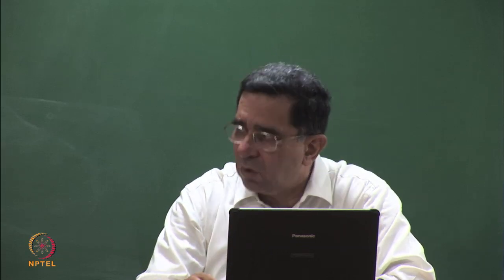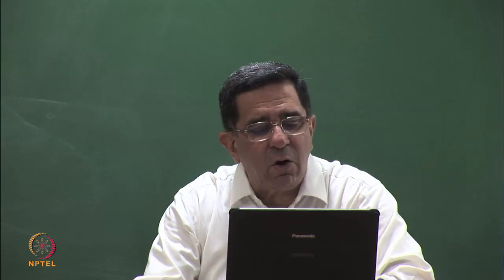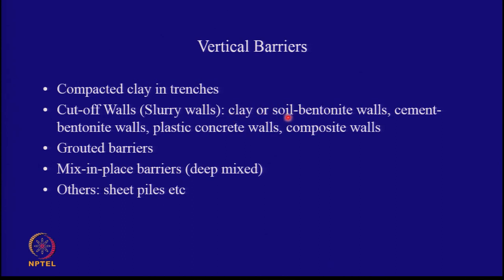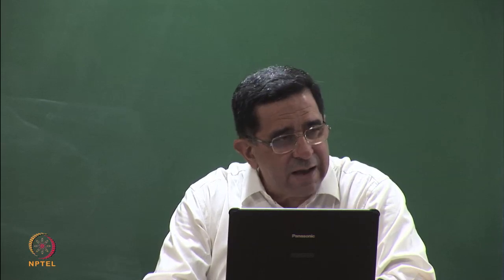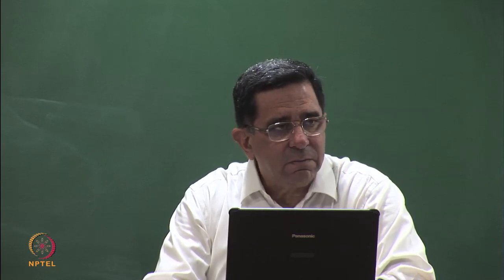Okay? So you are going to have cut-off walls made of clay or soil bentonite or soil cement bentonite or cement bentonite or plastic concrete or composite. Because concrete is often attacked by sulfates, you don't tend to use concrete walls unless you can preclude that none of the chemicals in the waste in the contaminated site will affect the concrete.